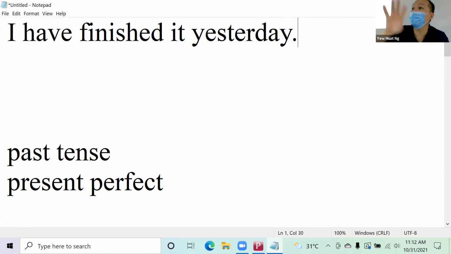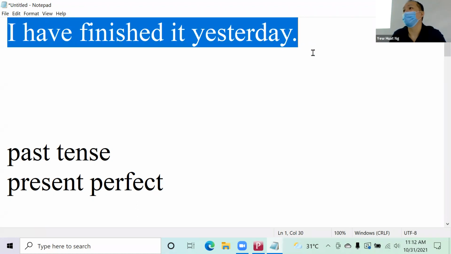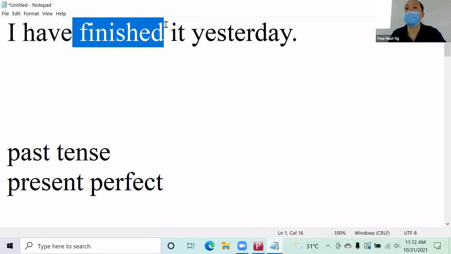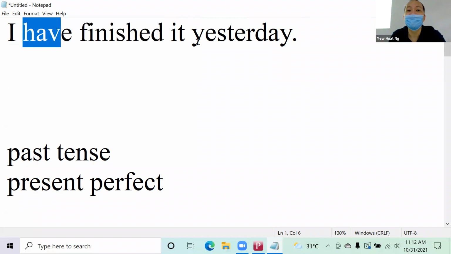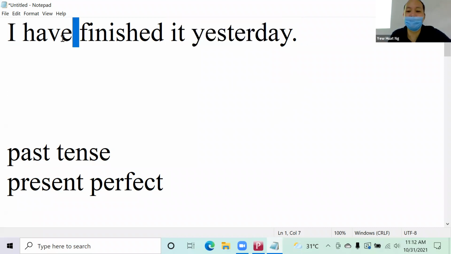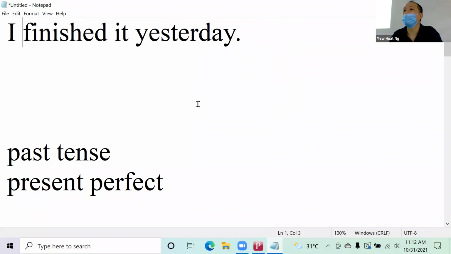So for my Chinese students, usually they are a bit confused, a bit 乱, because in Chinese, this is correct. 我昨天已经做完了 but in English, no. In English, 已经 is 已经，昨天 is 昨天。So if I want to say 我昨天已经做了 in English, what do I say? Yes, I finished it yesterday. I cannot put a have.